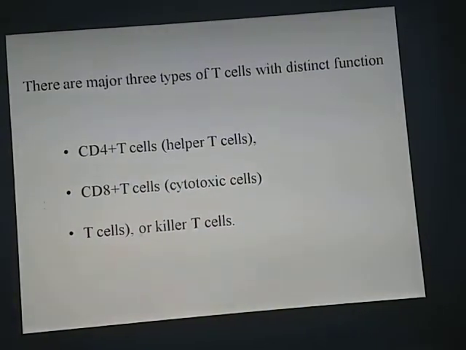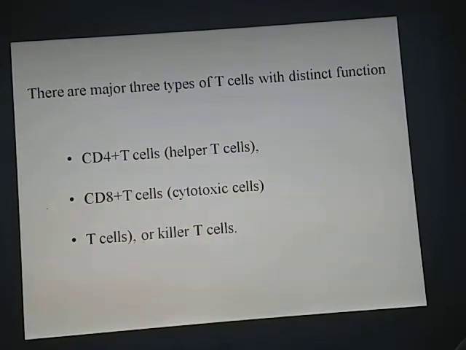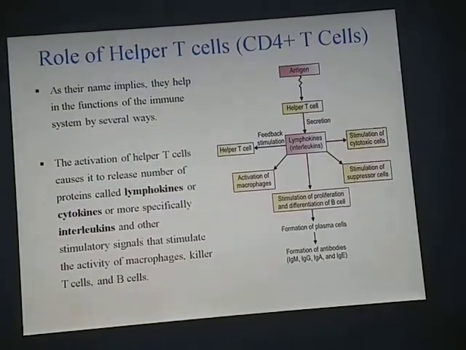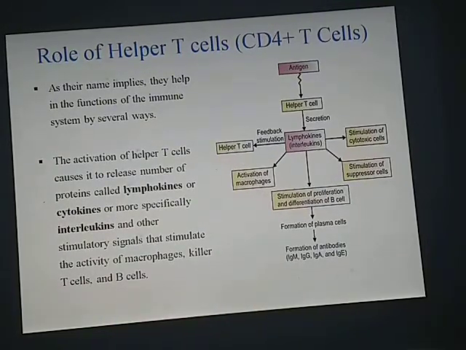There are three major types of T cells with distinct functions. So they are helper T cells, cytotoxic T cells, or killer T cells. The role of helper T cells in the immune system. So let us see.